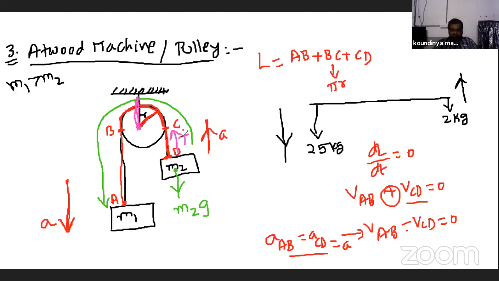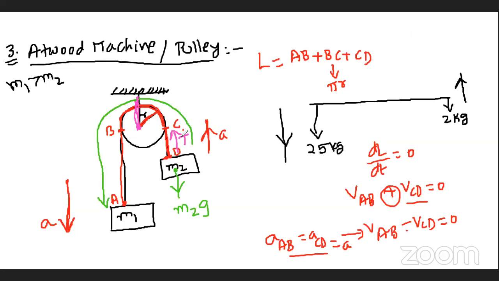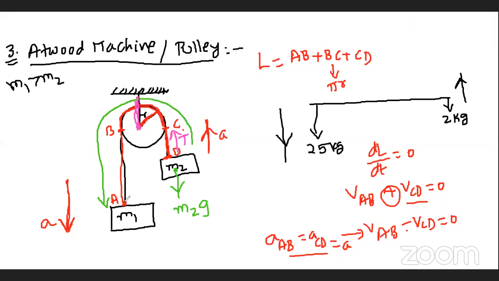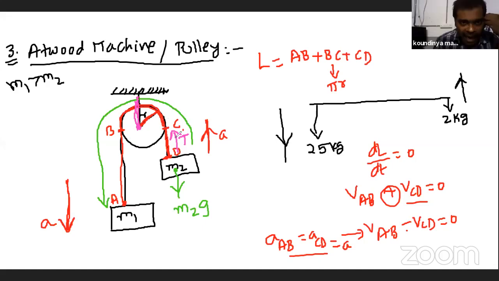M2 is not in contact with any surface, so we don't have any normal force. Here it is tension T. This is one string only and the acceleration is the same, so the tension will also be the same.